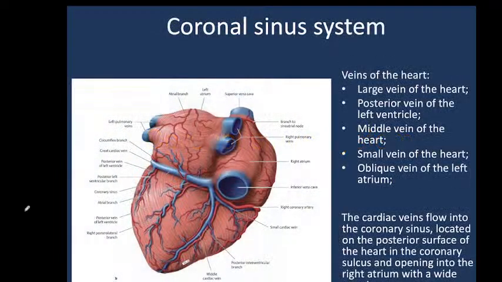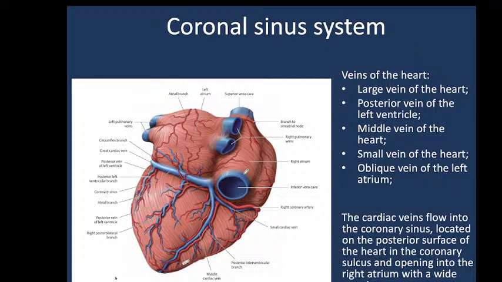The fourth venous system is the coronary sinus system, which has these characteristics: the cardiac veins are quite large, and the number of the cardiac veins is more than the arteries.